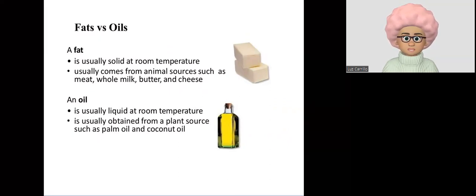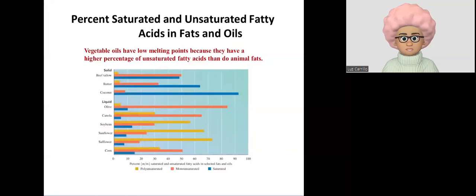In order for us to understand why some fats and oils have different states of matter, we need to look at the percent of saturated and unsaturated fatty acids in these fats and oils.